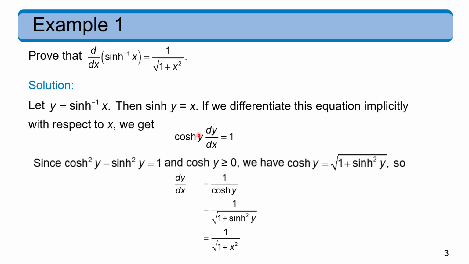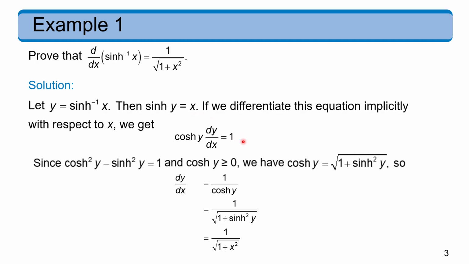It was y here, so the input should stay as y here. Then we have to multiply by the derivative of the inside part. The inside part is y as a function of x, so that derivative is dy/dx. And then the right side is easy. The derivative with respect to x of x, same variable, is just 1.